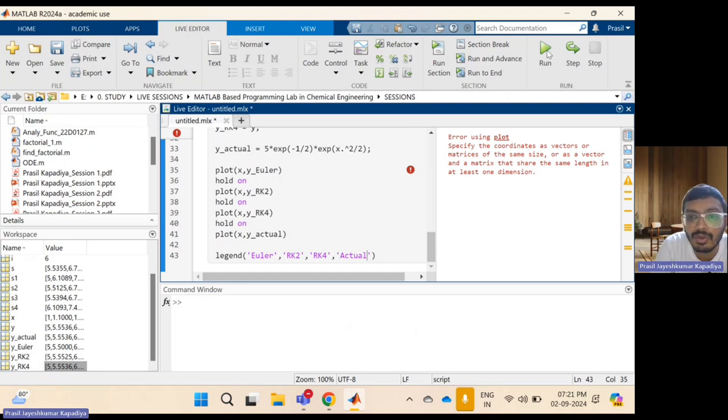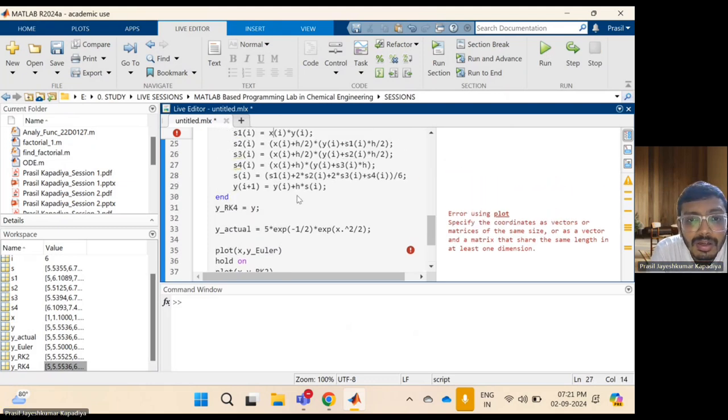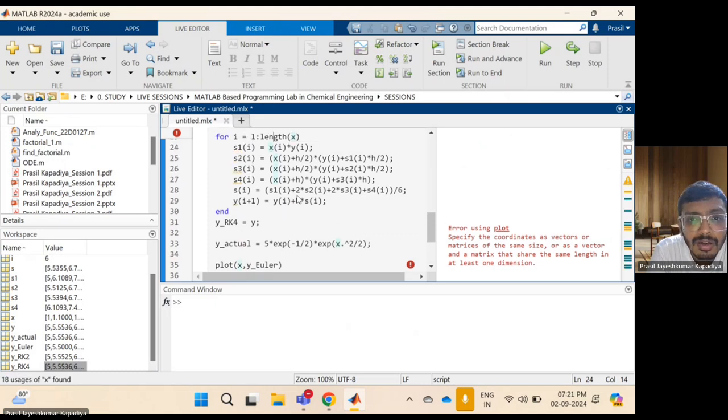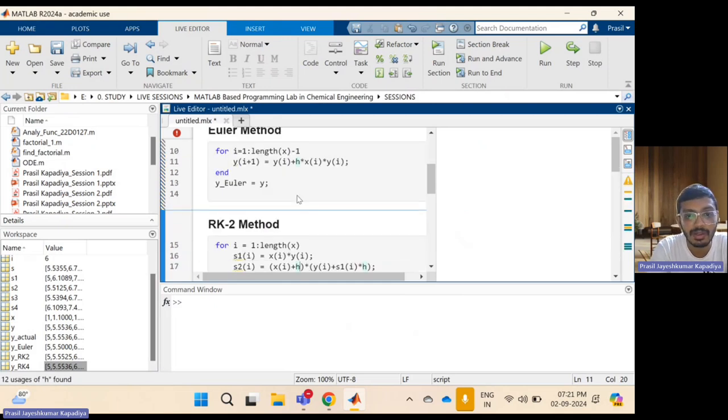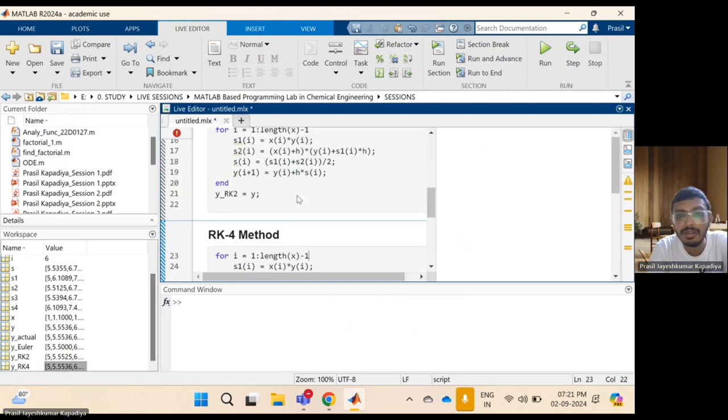Okay, there is some issue with coordinates. Okay, so what we can do here, y is getting one more value. So let's do length of x minus 1. So it won't take the last value. Okay, now we won't face this issue.